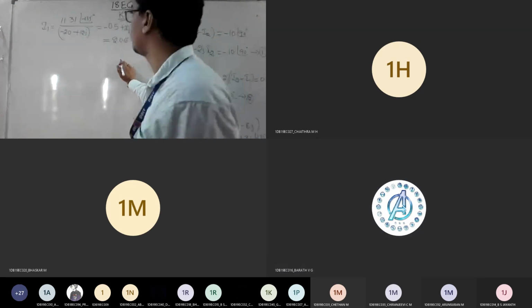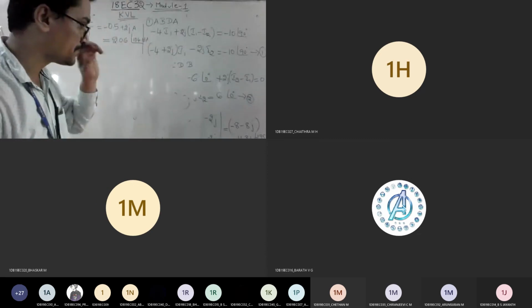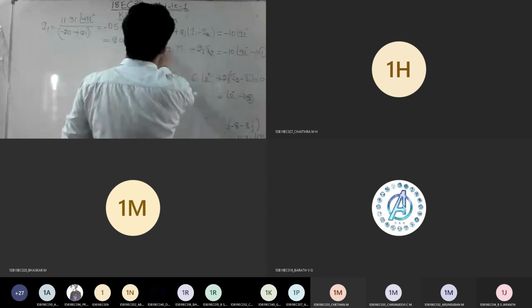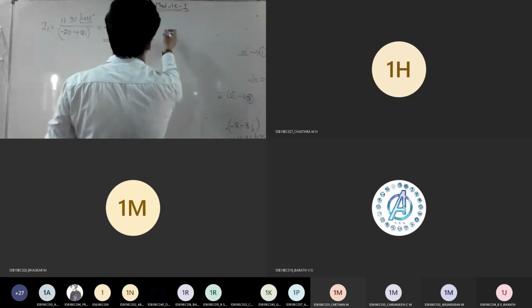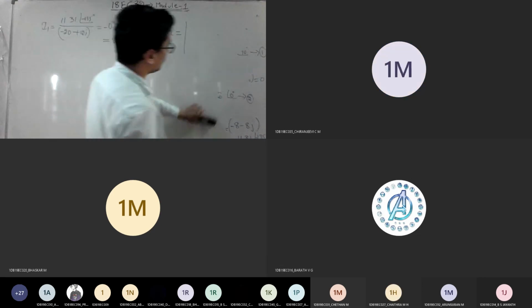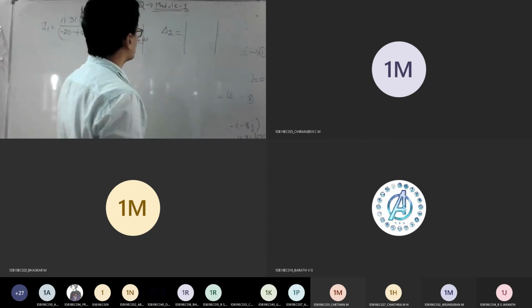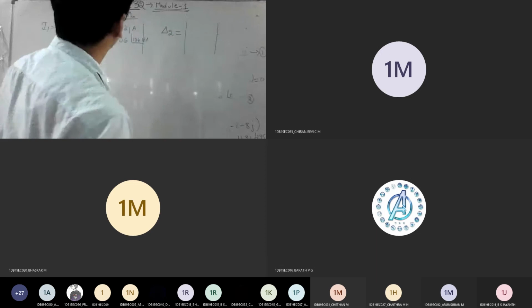In the same way for I2, I wanted to get delta 2 first. So delta 2 answer, tell me how much you got. So replace your second column. Delta by delta 1? No, sir, delta 1 by delta. It is reverse, yes sir.